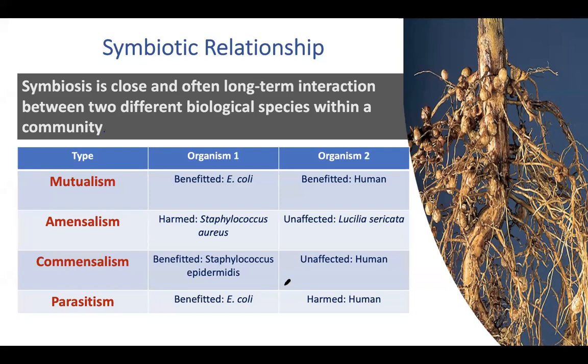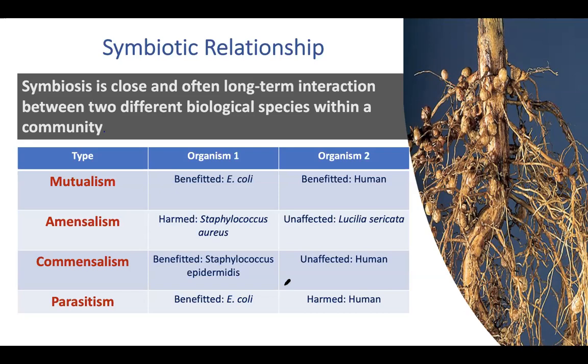Okay, so let's say inside your house you have family members, you don't have a symbiotic relationship with your family members, your husband or your child. That's not a symbiotic relationship. It has to be a really close interaction, and one organism has to be either in or on.